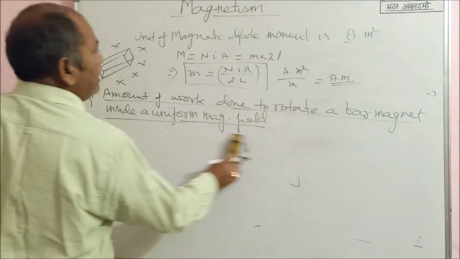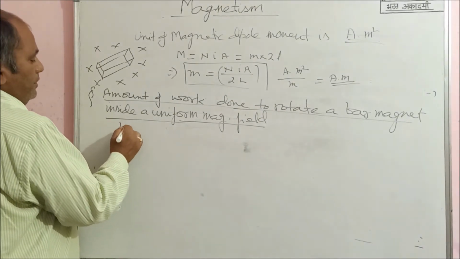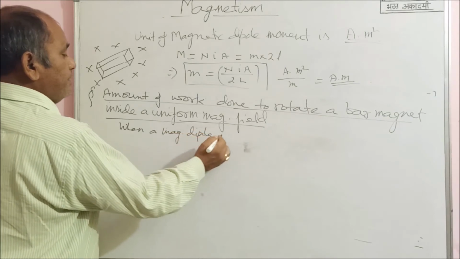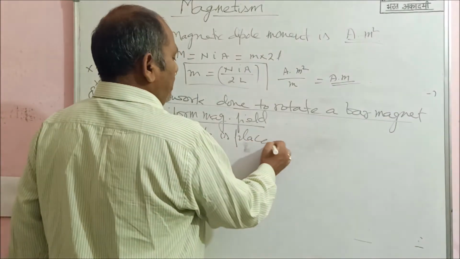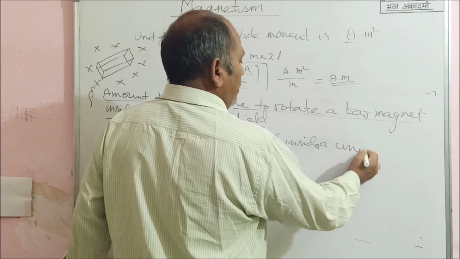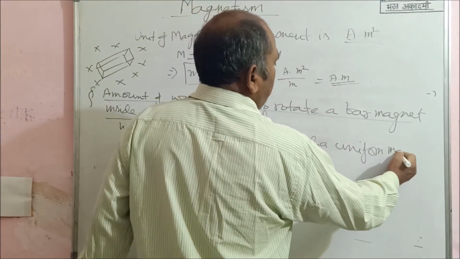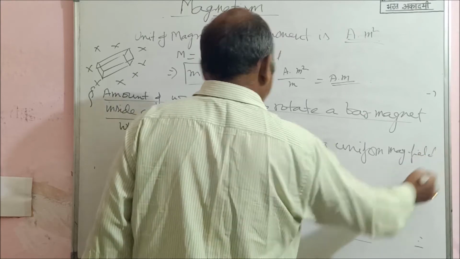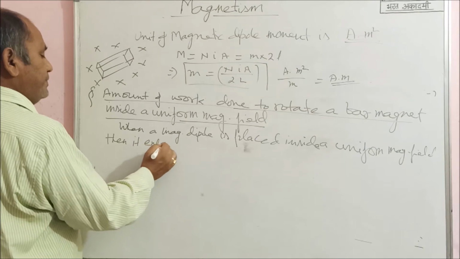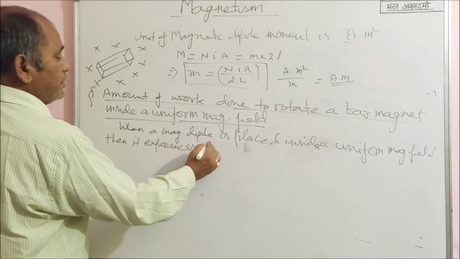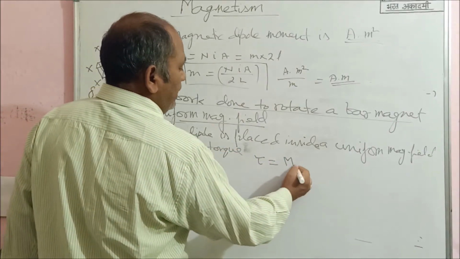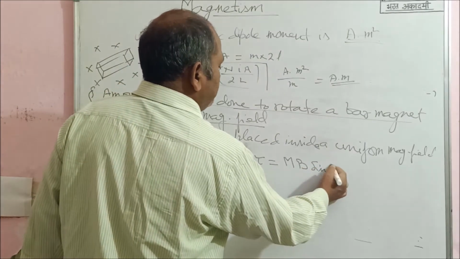So we will use it as a fact: when a magnetic dipole, that is a bar magnet, is placed inside a uniform magnetic field, then it experiences a torque which is given by tau equal to MB sine theta, right?